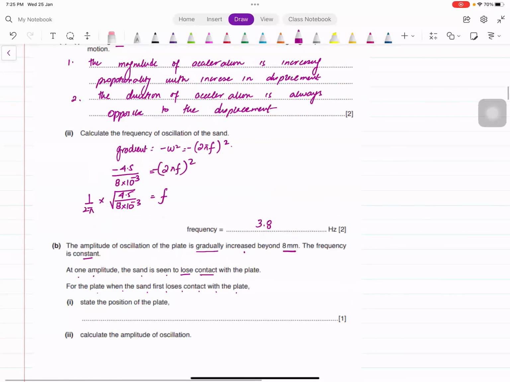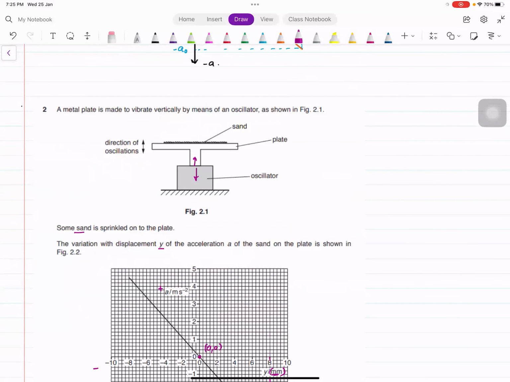Obviously, if you realize this, when it's going to be here at its maximum displacement, this is when it is going to have an acceleration downward, which is also maximum.